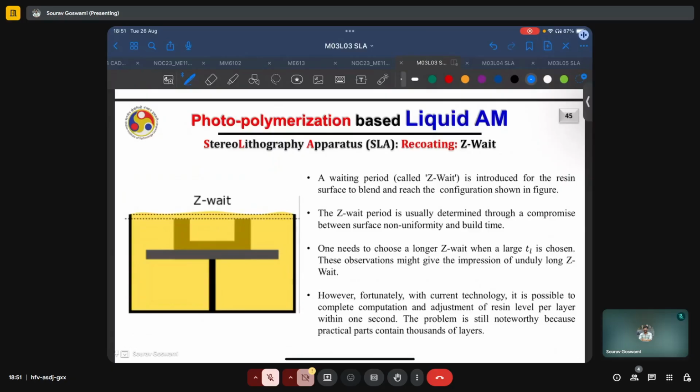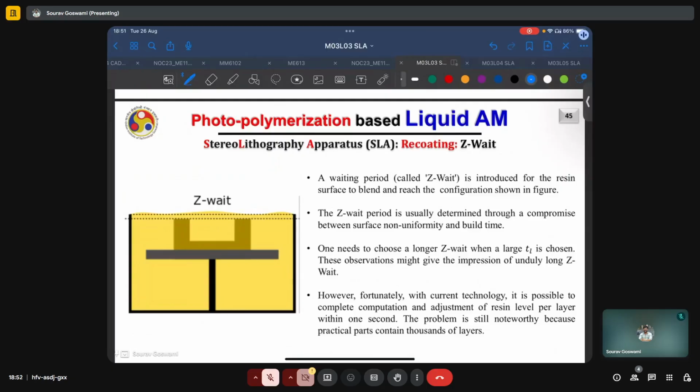However, as typically the case will be, if we are constrained on build times, we will have to compromise on the surface non-uniformity, and after a reasonably good amount of time, where we expect, say, most of the surface perturbations to die out, or at least the amplitudes to be significantly small, we can then continue on with the building process. One needs to choose longer Z wait times when a large layer thickness is chosen.